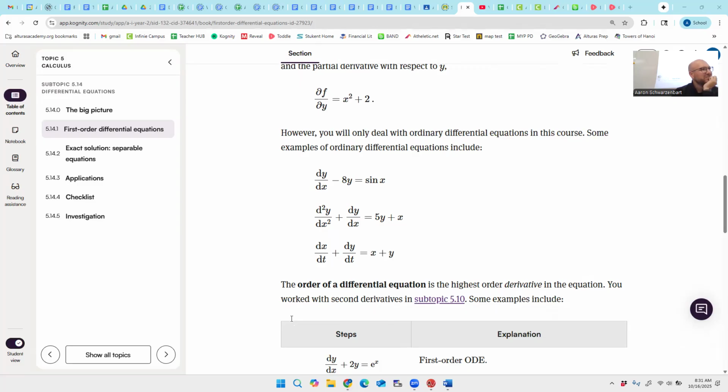You only have to account for one variable at a time. But you have to remember to leave the other one as if it's a constant. Yeah, don't do implicit. If it gives you this notation, that's partial. They're using the delta like it's a D, but for partial.